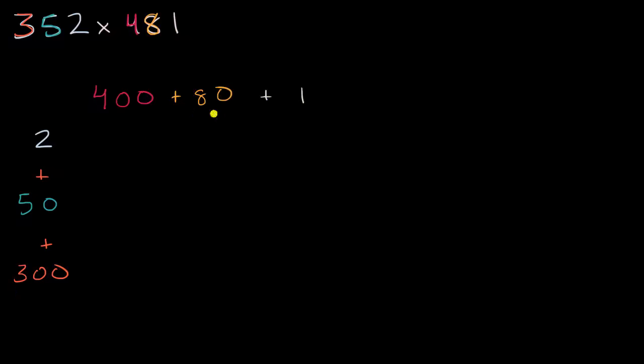And you might be familiar with multiplying like this in the past, setting up this grid. And it's essentially we're applying the distributive property. We're going to take the 2 and multiply it times 400 plus 80 plus 1. So we're going to multiply 2 times each of those numbers.